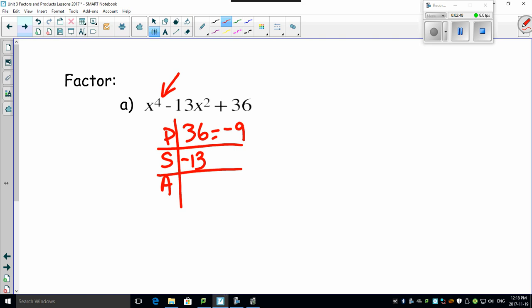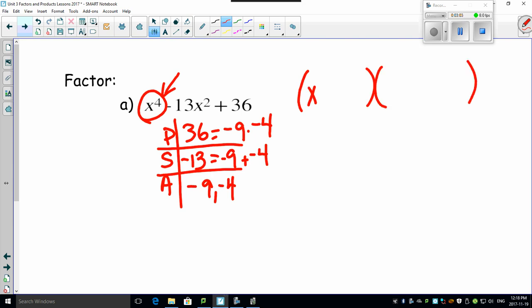And that's negative 9 and negative 4. Add those together, yep, of course, that's going to give you your negative 13. So your answer is negative 9 and negative 4. But don't forget, when you're square rooting x to the 4, that in fact becomes x squared. Okay, and your two other factors are minus 9 and minus 4.